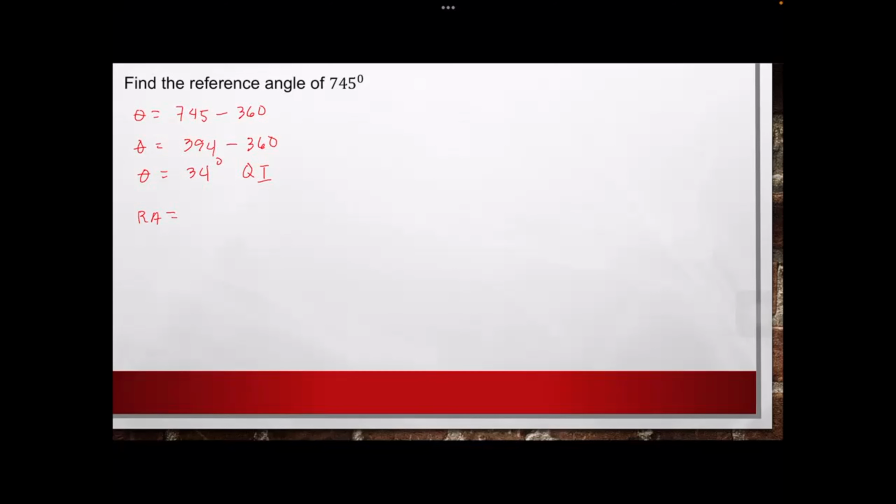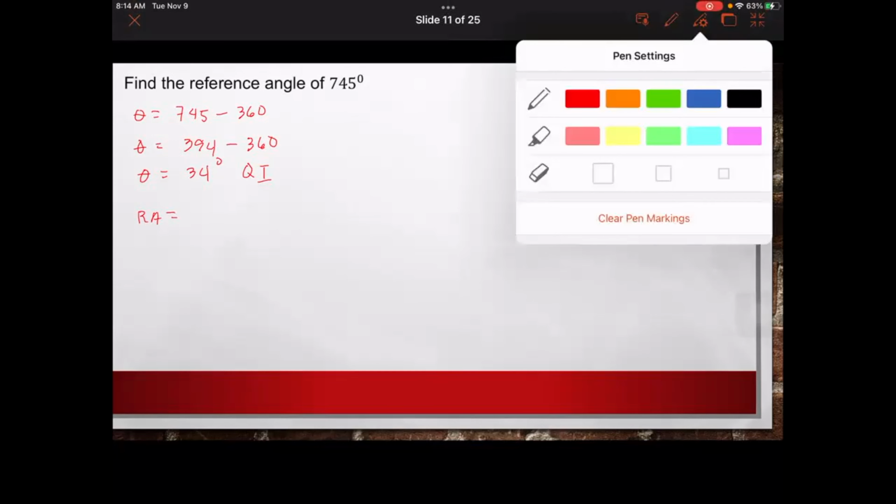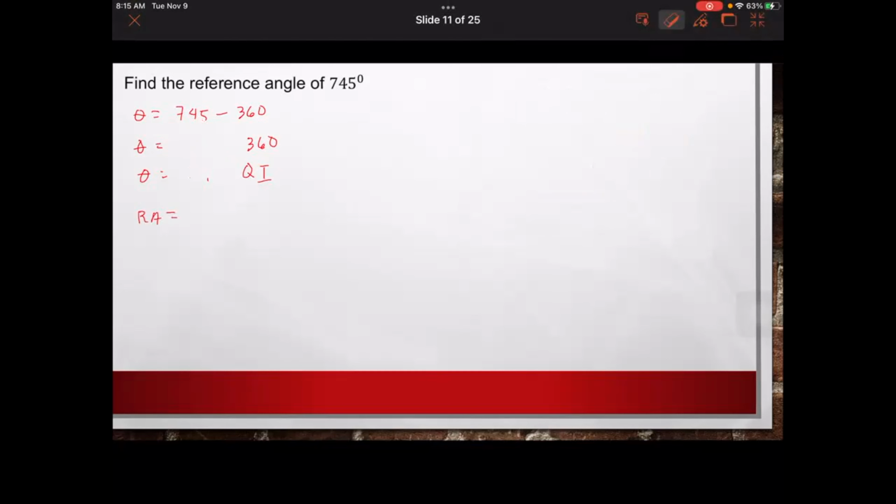Sir, ba't po naging 394 po yung pangalawa na 745 minus 360? 385 po? Sabi ko nga 385, na mali sabi mo. Pwede natin.